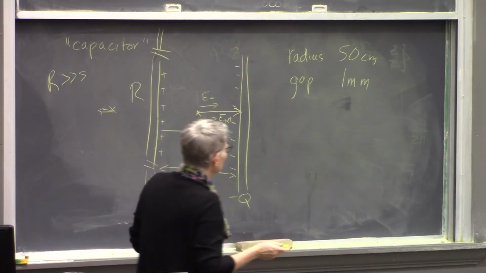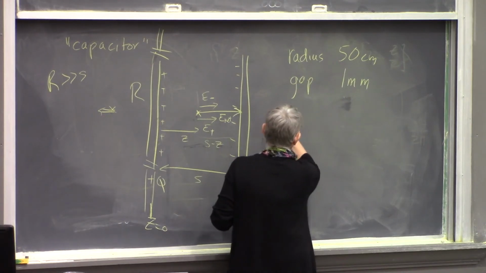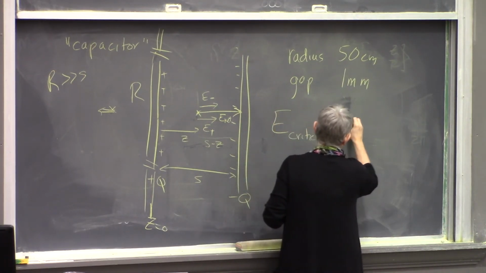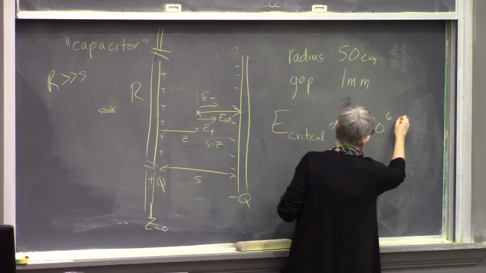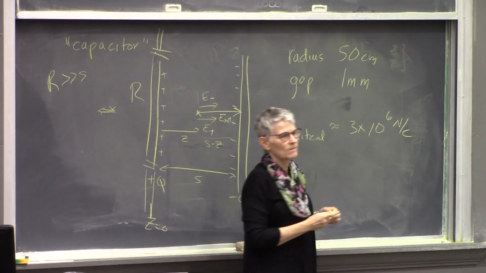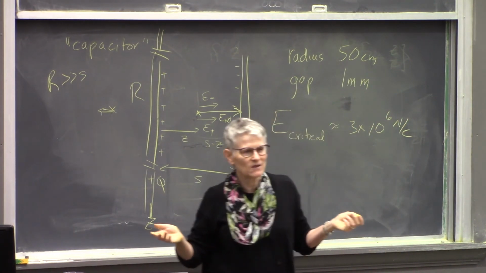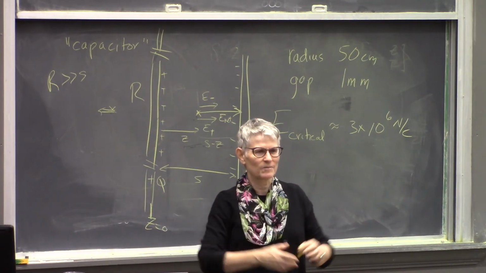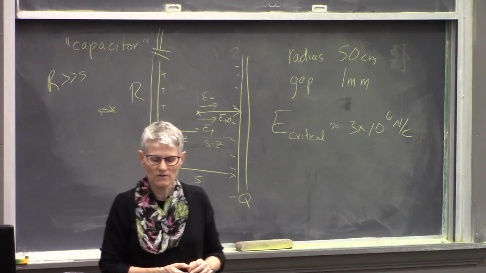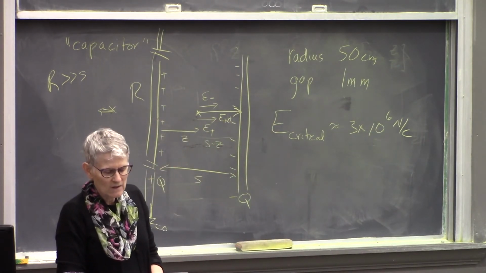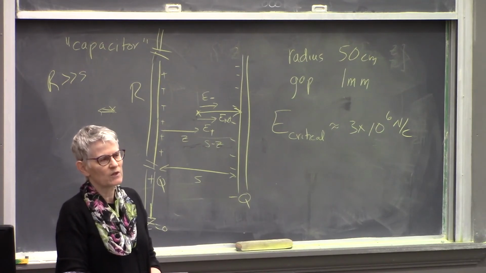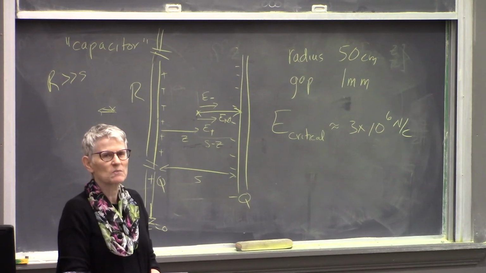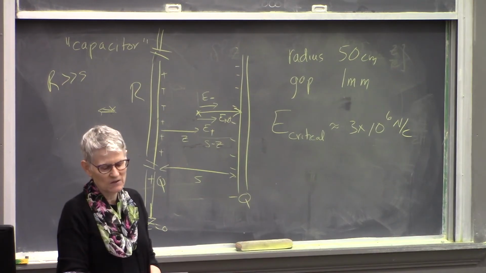Now it turns out when the electric field in air gets to about 3 times 10 to the 6th newtons per coulomb, air becomes a conductor instead of an insulator, and you get a spark, and you get charge flowing, which reduces the charge on the plates and therefore the field. So the question is, what's the maximum charge we could put on one plate of this capacitor before we got a spark and the air ionized?